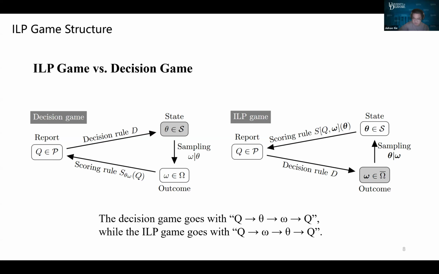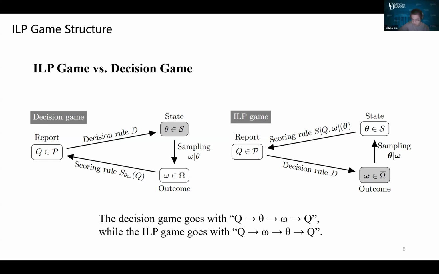On the right of this figure is the inverse linear programming game structure that is proposed in this paper. Here, the authors change the roles. The process starts with the agent reporting a conditional belief about a state based on the observed outcome.